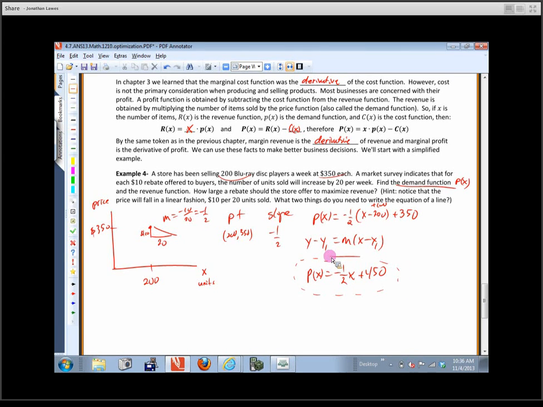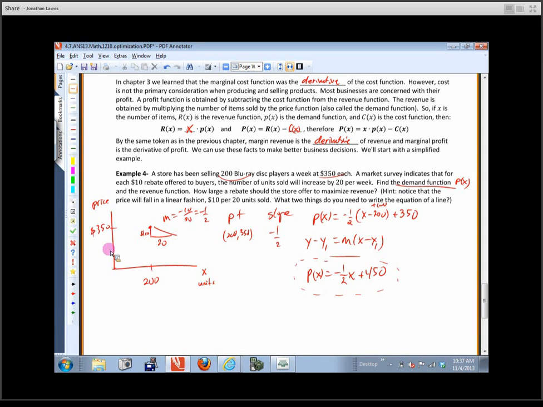Okay, let's talk about this for just a second. This is a fairly simplified example again, but there's something we can learn about this. What is that 450? It's the y-intercept on this one. It's the price intercept.